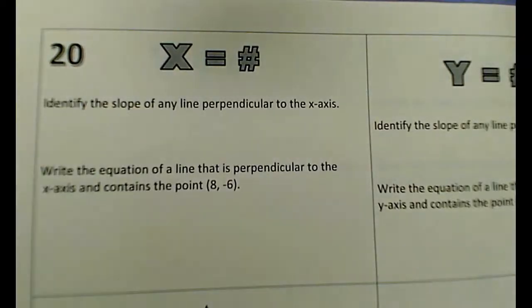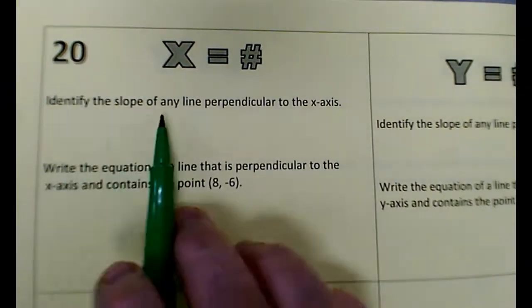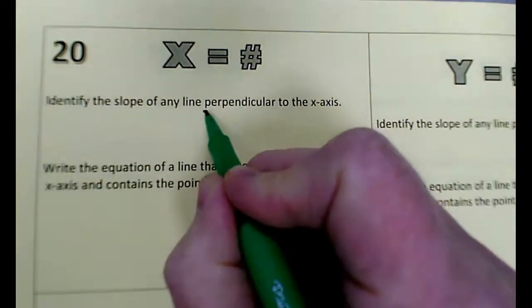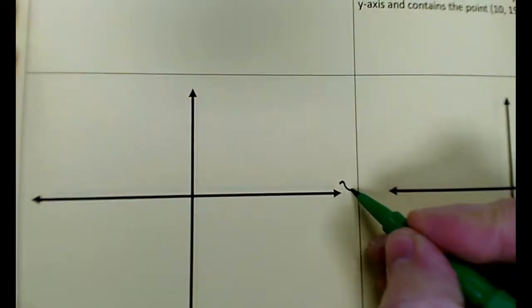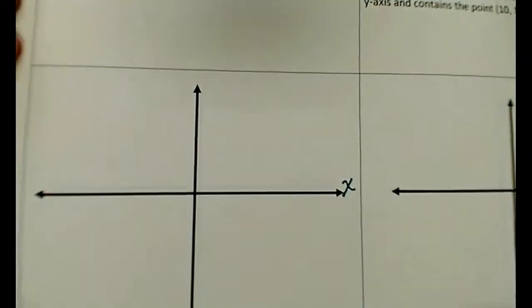Notes on parallel and perpendicular to the x and y axis. Identify the slope of any line that is perpendicular to the x-axis. This is the x-axis.